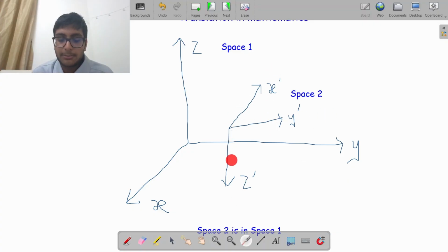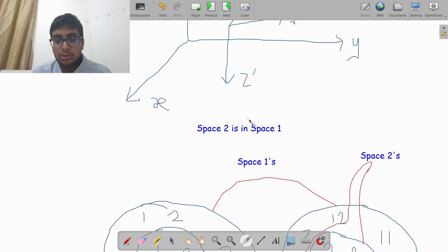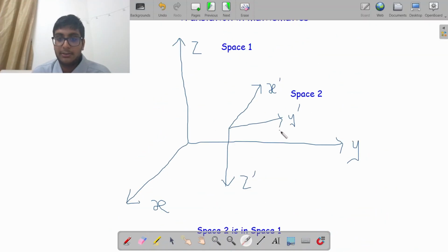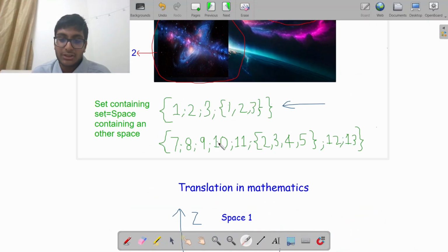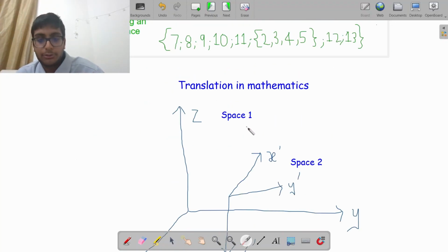X prime, y prime, z prime, x, y, z. Space 1 is this bigger space, space 2 is a small space. Space 2 is in space 1. This is what it basically is showing. 1, 2, 3 is one space, and this bigger space, 1, 2, 3 and this space 2 are combined together.